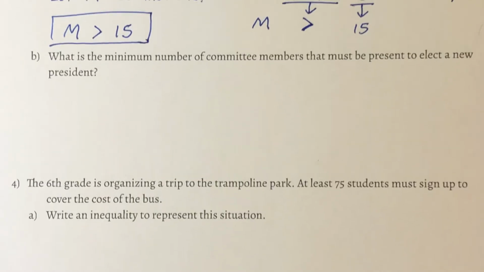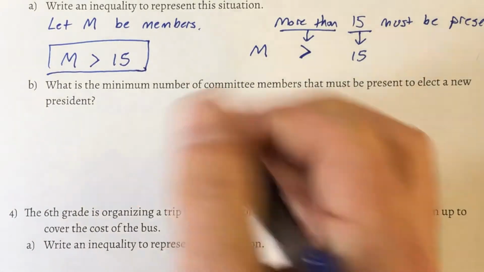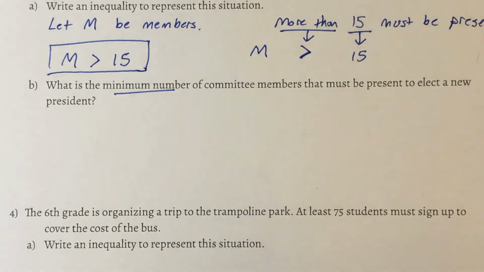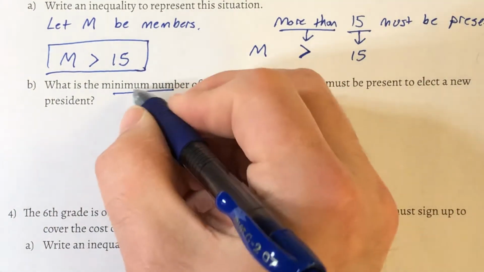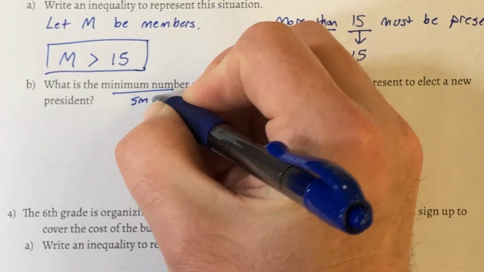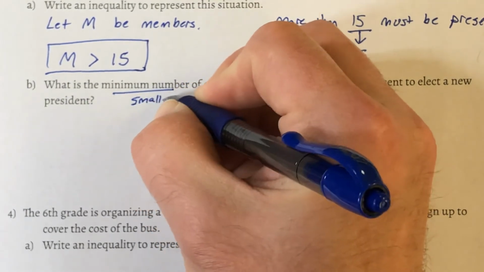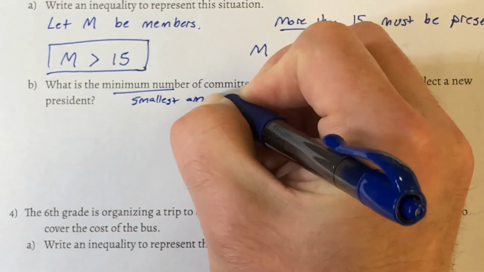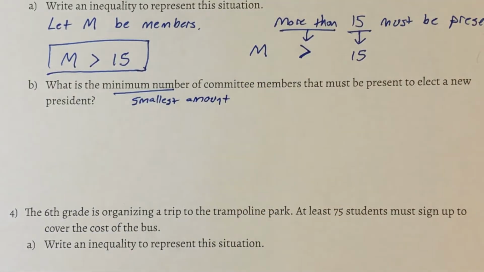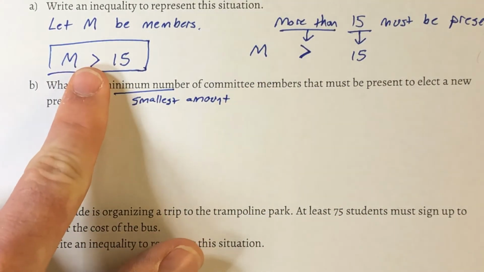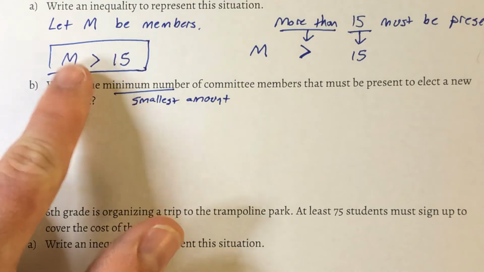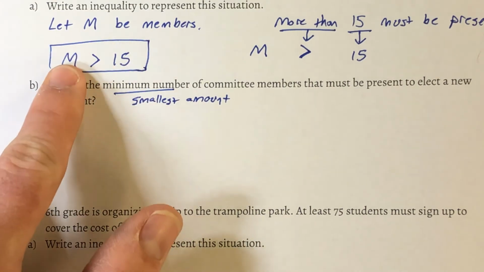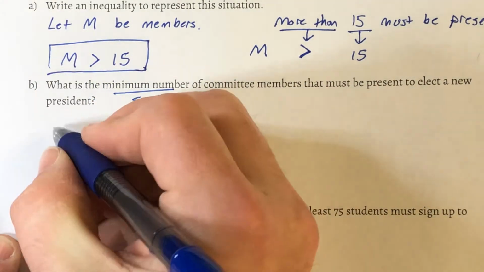Part B. What's the minimum number of committee members that must be present to elect a new president? So minimum means the smallest amount that you can have. So let's go back to our inequality. I want to know the smallest number M could be. So let's think.